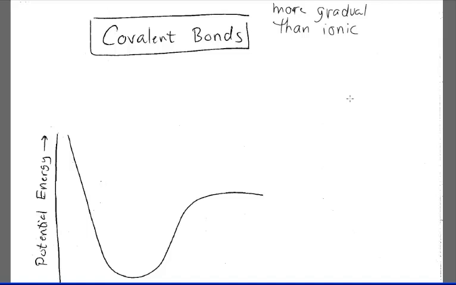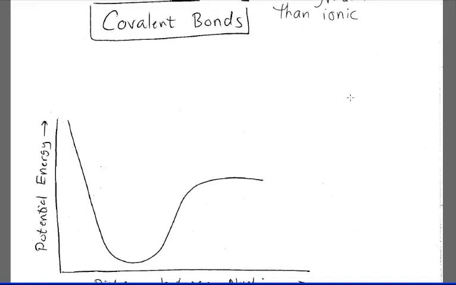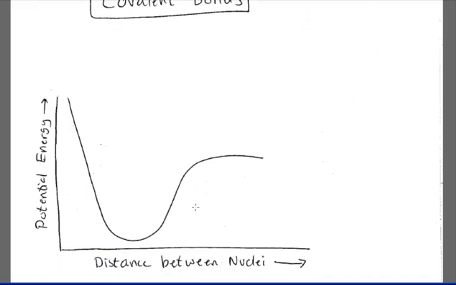And this curve that I've drawn is a potential energy graph where it's energy going up on the y-axis and distance between nuclei, or the nucleus of each species, is increasing going to the right.